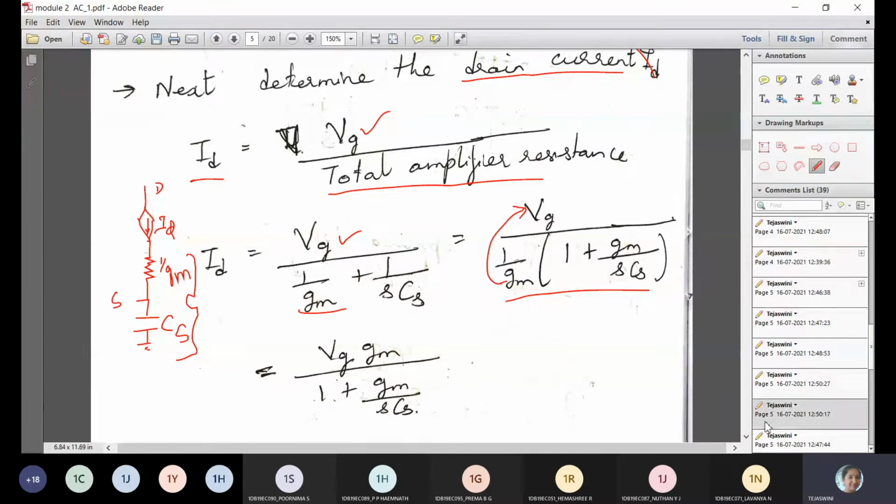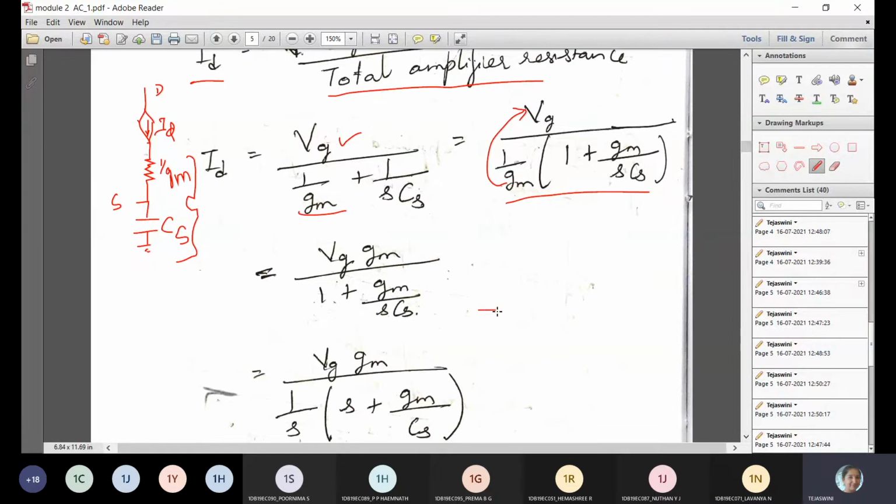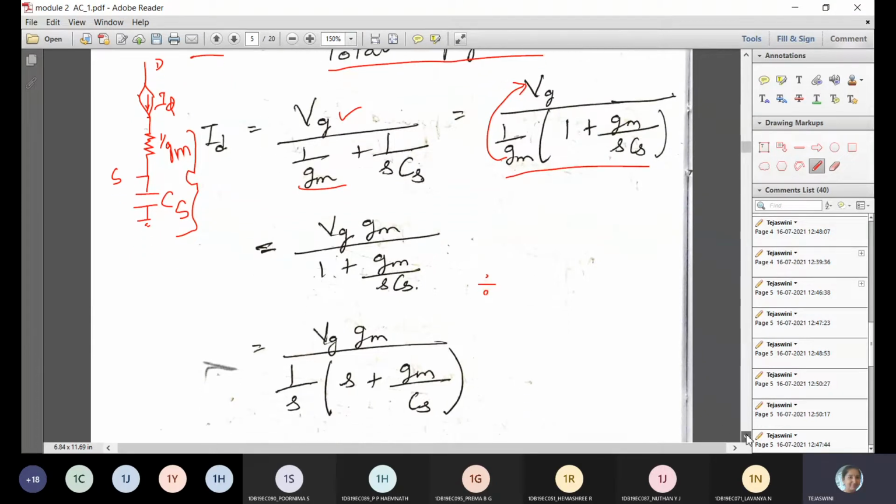Now, the next step is what? Divide and multiply. Yes. Okay. So if you take 1 by S common, you can take a common factor. So 1 by S into S plus Gm by Cs.